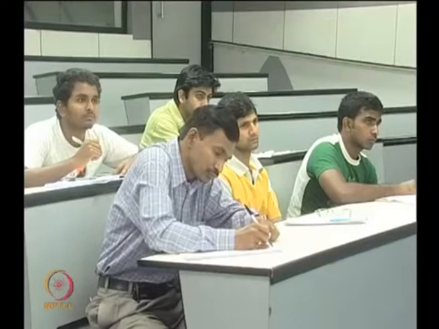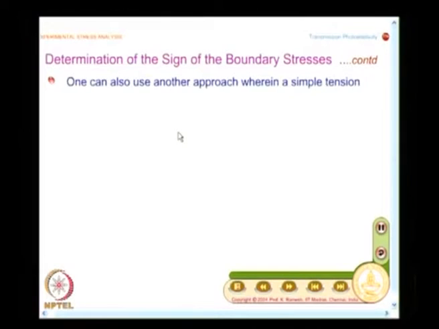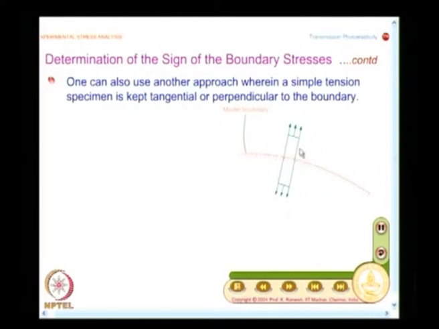Once you understand the principle, we have already seen what a Babinet-Soleil compensator is. We put a compensator after the model and added or subtracted compensation. In a similar fashion, I can use an external member to assist in doing this kind of test, and that is what we will see now. For us to do that, I can even use a simple tension specimen.